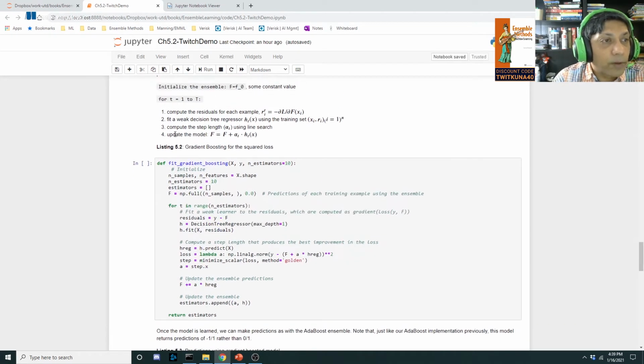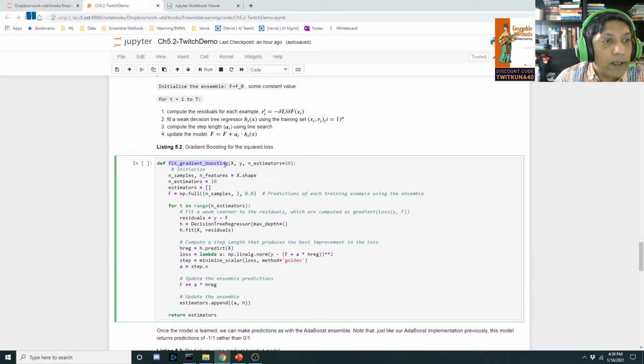As before, we'll put our intuition into practice. So how do we translate this pseudocode to the code we have over here? We create a function called fit gradient boosting, and it takes in the training data, the training labels, and another parameter, n estimators, which tells you how many weak learners you have to train.